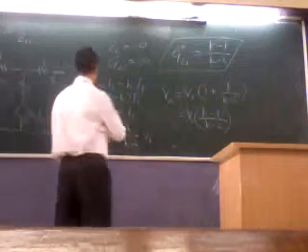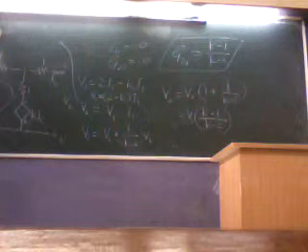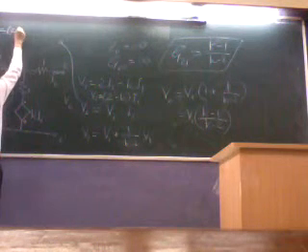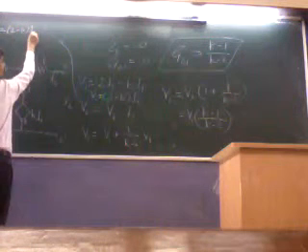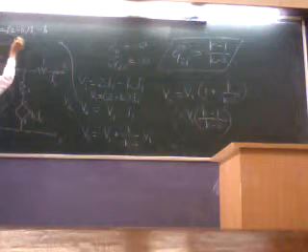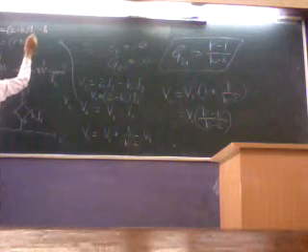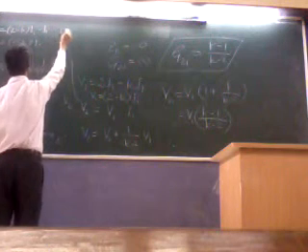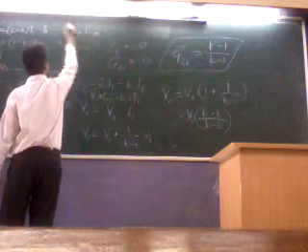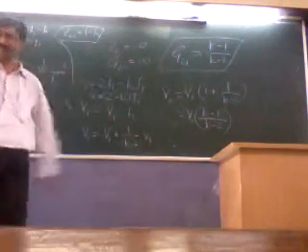So V2 is again 2 minus K I1 minus I1, that is equal to 1 minus K I1. So Z21 is equal to 1 minus K. This thing we have completed.